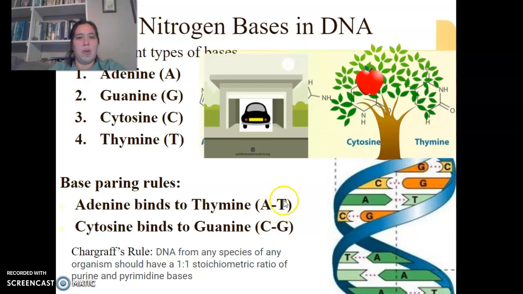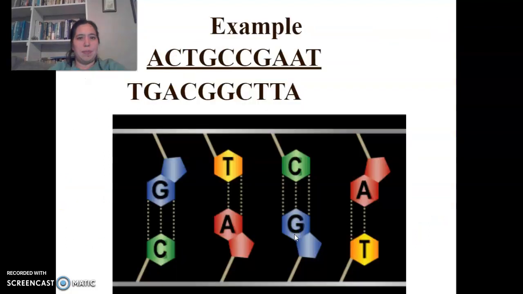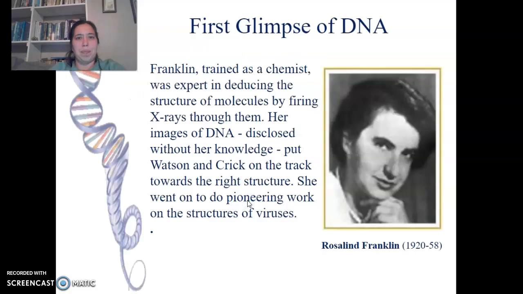You're not going to have any lone thymines. And the same is true for cytosine and guanine. Okay, and here's that base pairing in action. Notice that there are 3 hydrogen bonds that are going to hold the cytosine to the guanine in a strand of DNA. And then there are 2 hydrogen bonds that are going to form between the adenine and thymine.